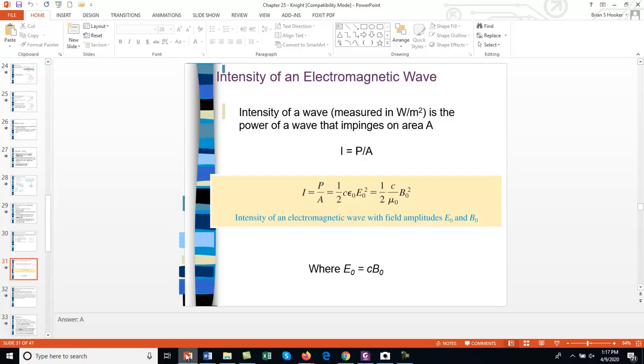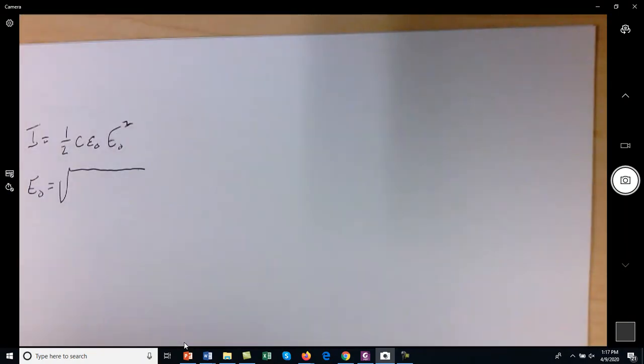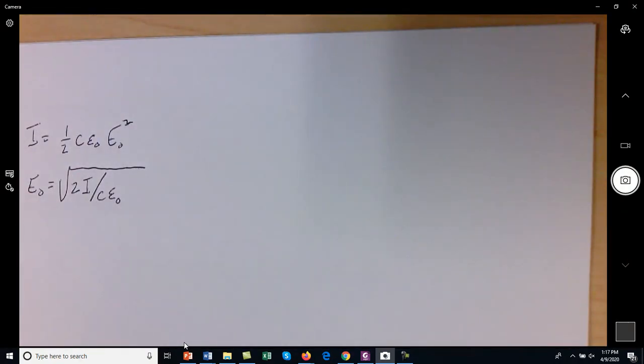Okay. Intensity is equal to 1/2 C times emissivity times our electric field squared. Okay, so I just solve for electric field. So E naught is equal to the square root of 2I divided by C epsilon naught, our emissivity constant.